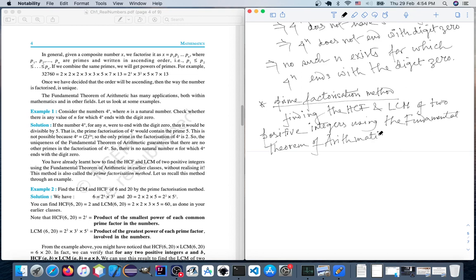This process of finding the HCF and LCM of two positive integers using the fundamental theorem of arithmetic is known as the prime factorization method.